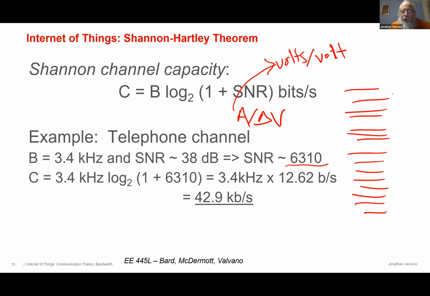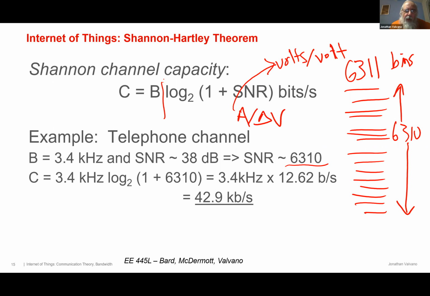If the ratio is 6,310, there are 6,311 bins that I can assign for bits. I don't know if the +1 is a big deal, but if I take the log base 2 of this, I get that little m.